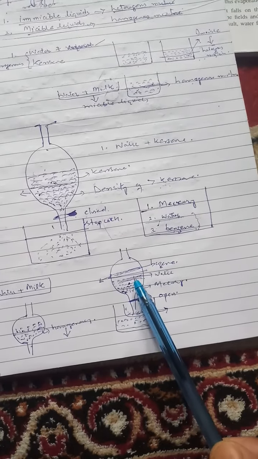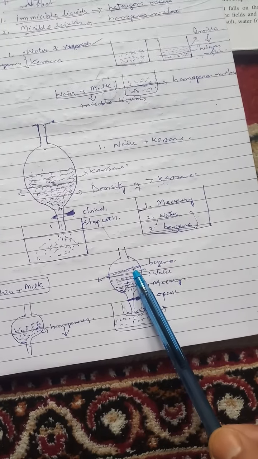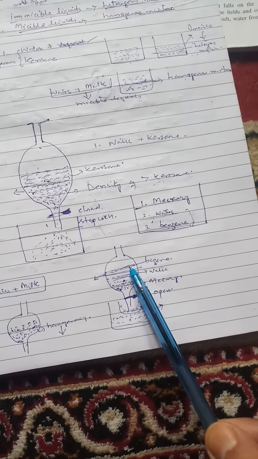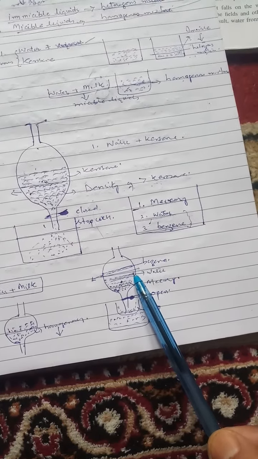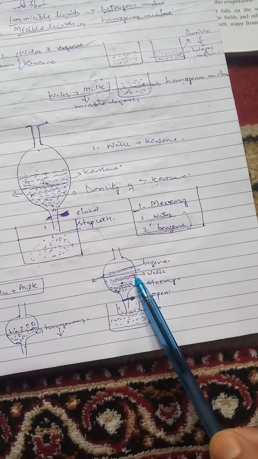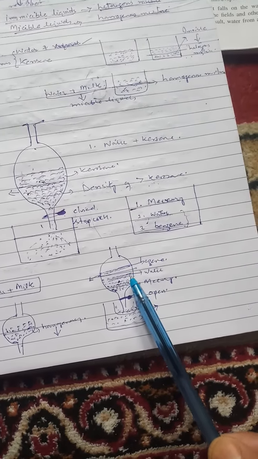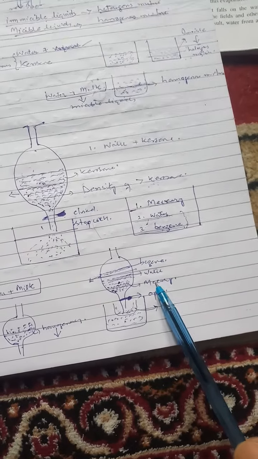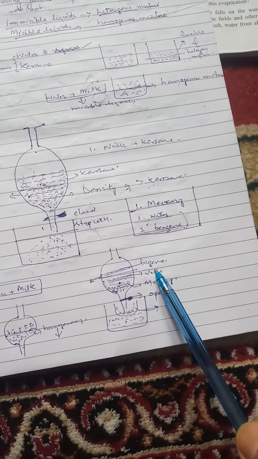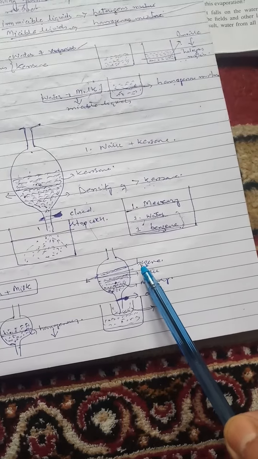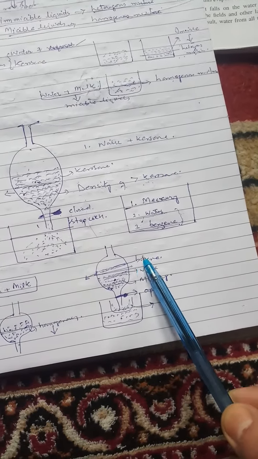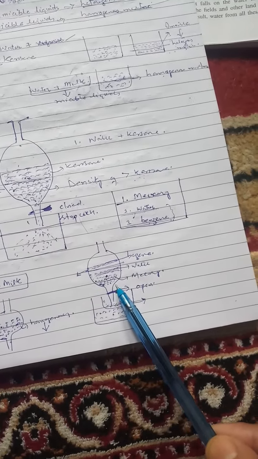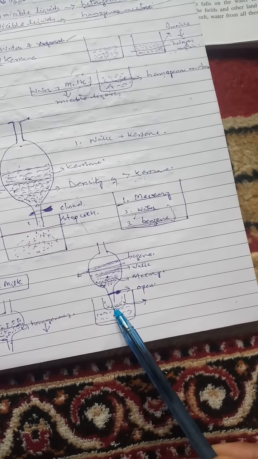Over the mercury remains the water, and over the water remains the benzene. It means the density of benzene is less than water, and the density of water is less than mercury. So the mercury is more dense than water, and water is more dense than benzene. So when we open the stopcock, mercury is collected in the beaker.